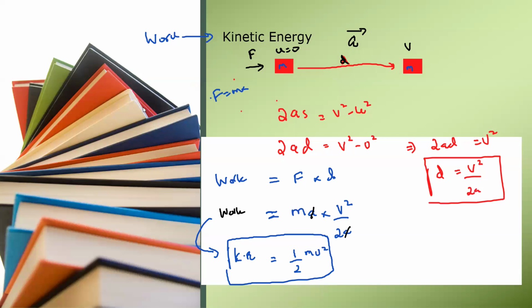So for an object which starts from rest and reaches a velocity v with a constant acceleration of a, the distance covered will be v square over 2a, and the work is force into distance. F equals ma, and the distance is v square over 2a. So when we simplify, we get the formula for kinetic energy. So work done to move an object is always equal to kinetic energy.